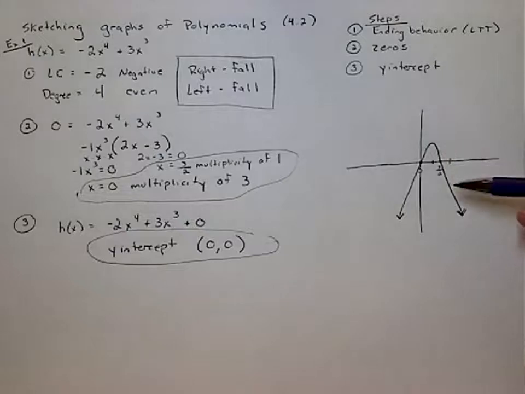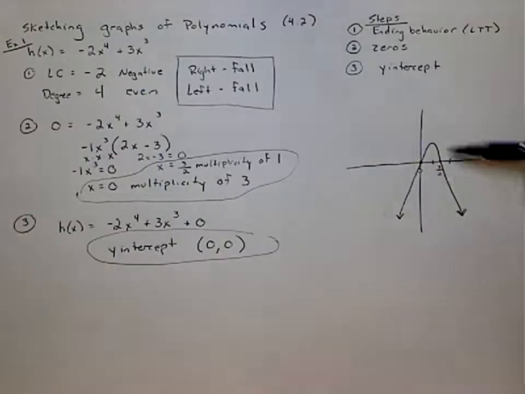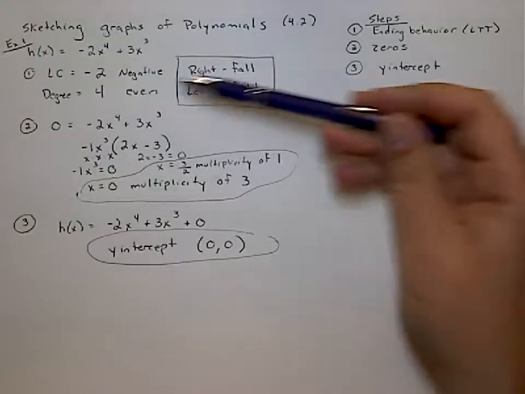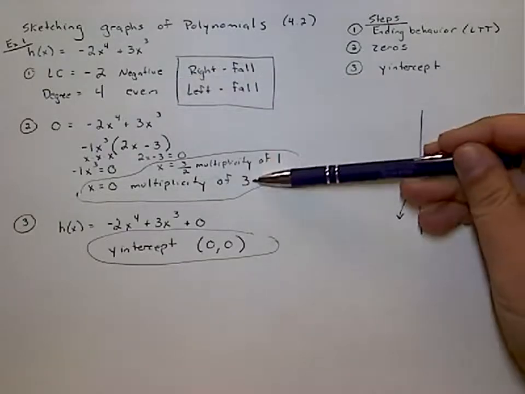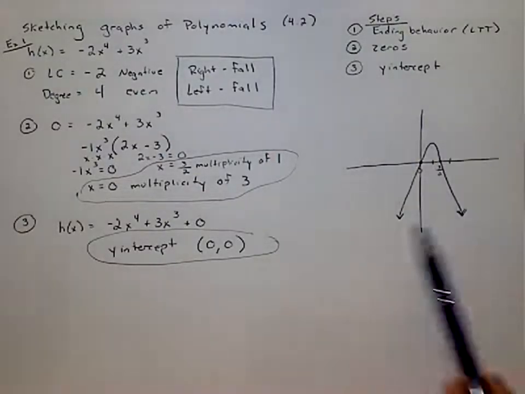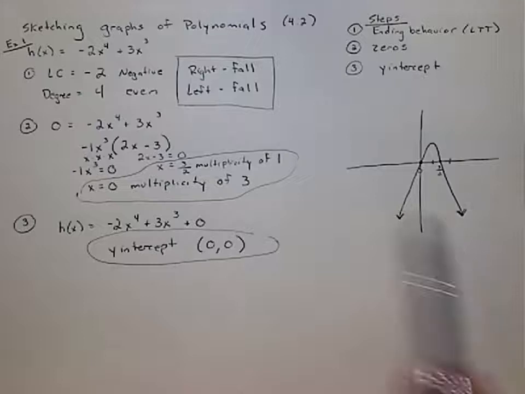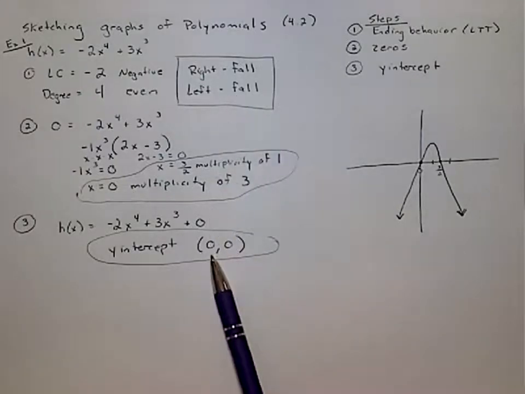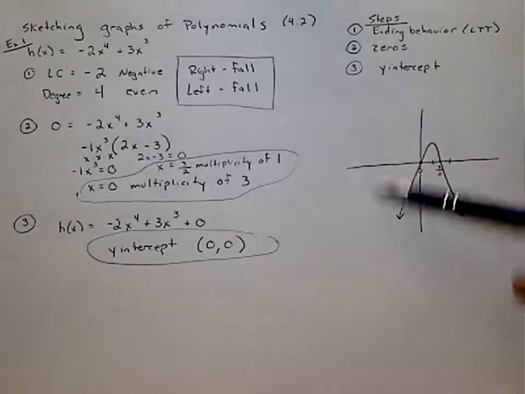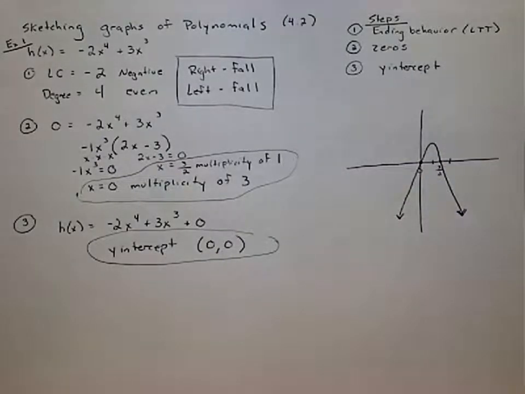For help, I recommend putting this into your graphing calculator or a graphing app to figure out what goes on in here if you don't know how to sketch it. But more importantly, I'm looking at, do you know this, this, and this? Sketching it at the end is not the most important part. The individual pieces are much more beneficial to you as you go into higher level maths than this actual sketch. Okay, let's move on to another example.